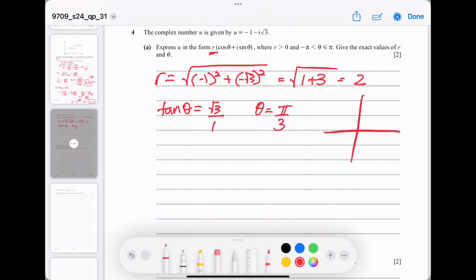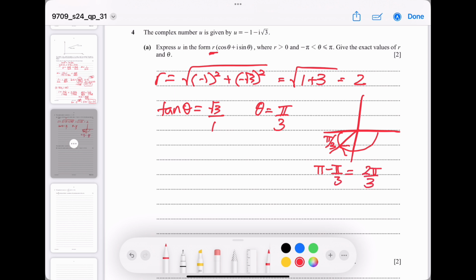Now, if we look at the Argand diagram here, this is where our vector would be positioned, which means that this angle here is your pi over 3. But as we know, we're looking for this angle here. And we know it's going to be negative. So we're going to do pi take away pi over 3, which is 2 pi over 3.